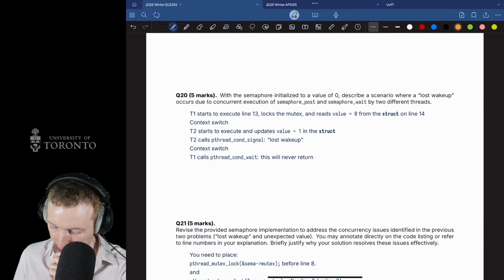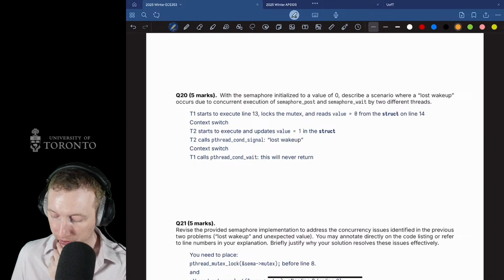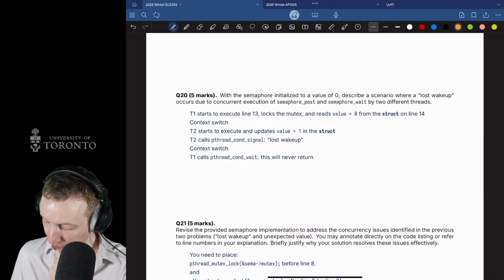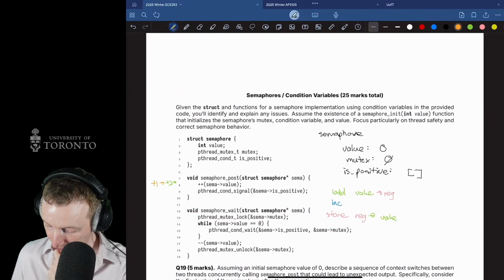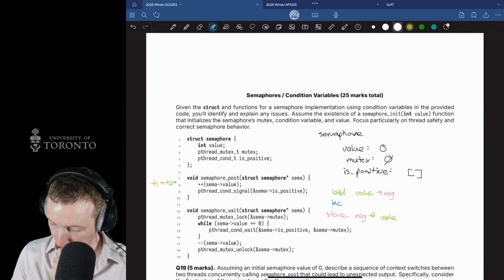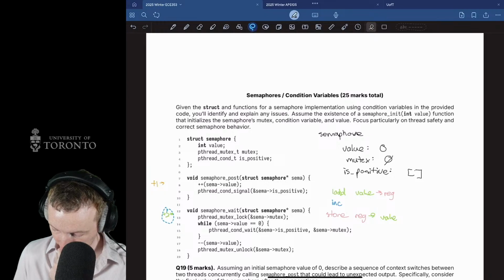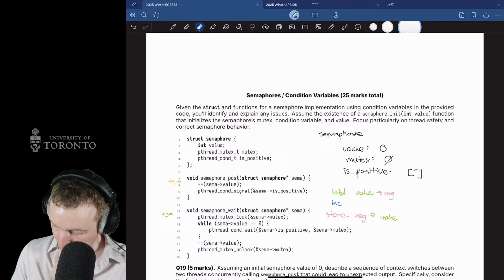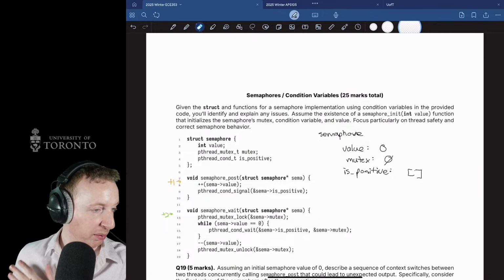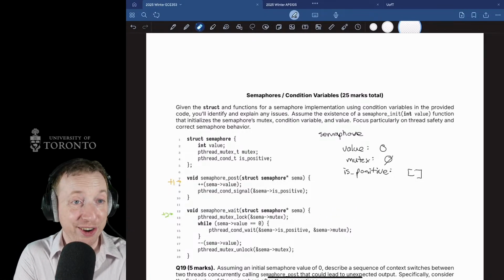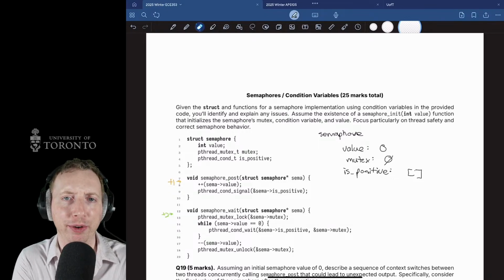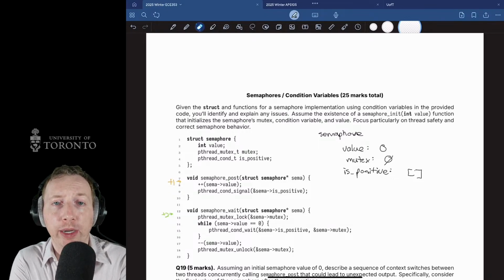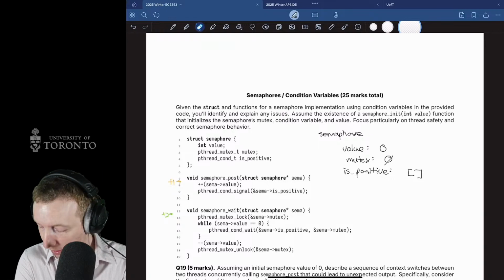So next one says, with the semaphore initialized to a value of 0, describe a scenario where a lost wake up occurs due to concurrent execution of sem post and sem wait by two different threads. So in this case, let's reset everything. We didn't really use the columns because it didn't really have to do anything. In a lost wake up, we need to put ourselves to sleep and then never wake up, right?